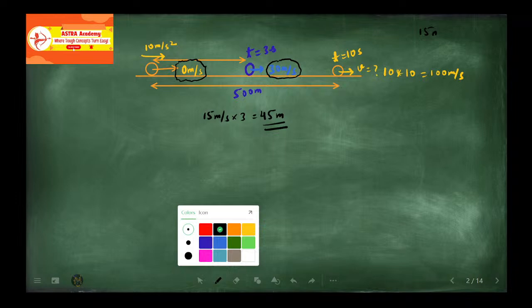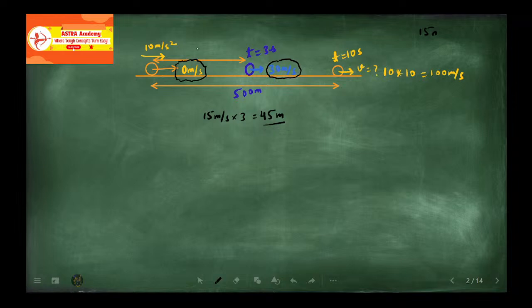Yes or no? Someone replied 105 meter. How 105? The initial speed is not 100. If the initial speed is 100, it is wrong. It is 0. And if it is increasing by 10 meter per second each second, in 3 seconds it will increase from 0 to 30.